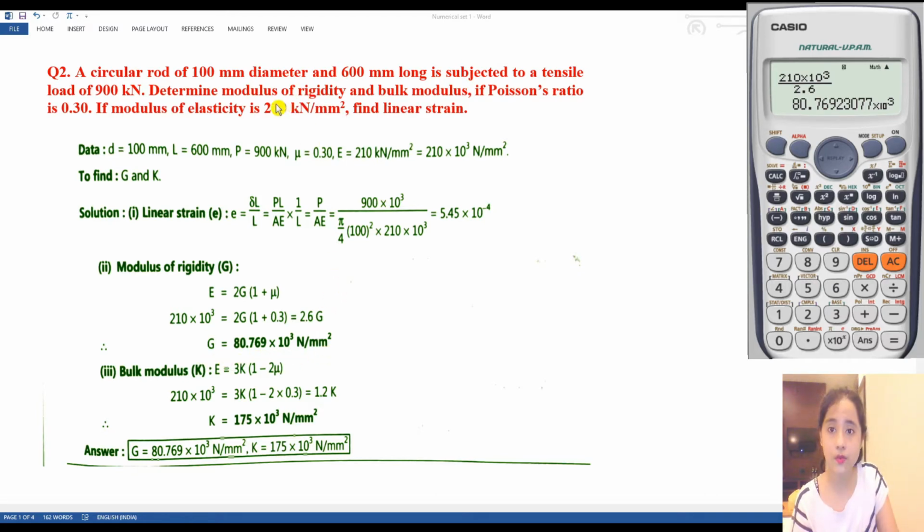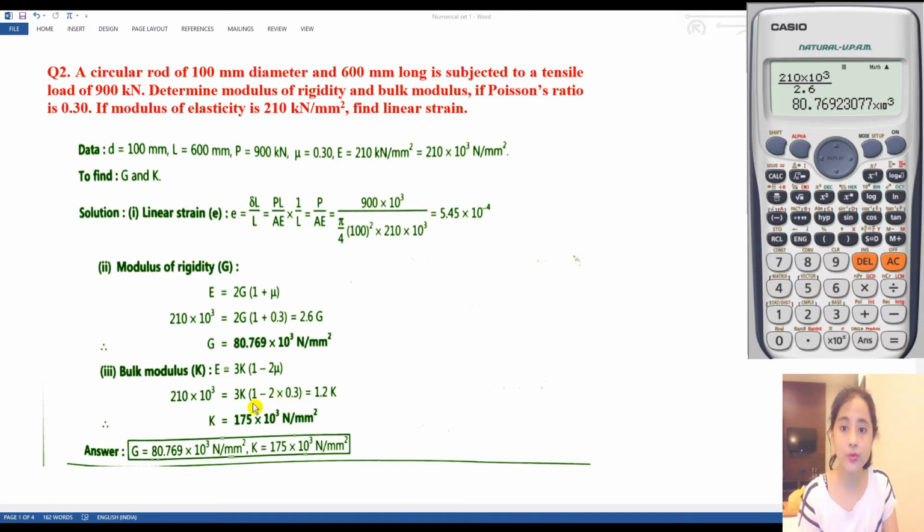Next we are asked to find bulk modulus K. So to find bulk modulus K, we need to use the relationship between modulus of elasticity and bulk modulus K. So what is the relationship? The relationship between the two of them is E equals 3K into (1 minus 2 mu). We know the value of E, which is 210 into 10 raised to power 3, equals 3K. We don't know the value of K, so keep it as it is.